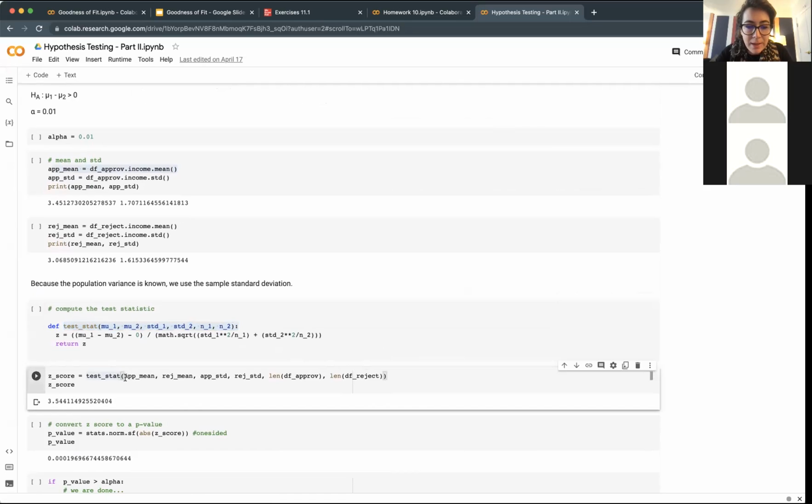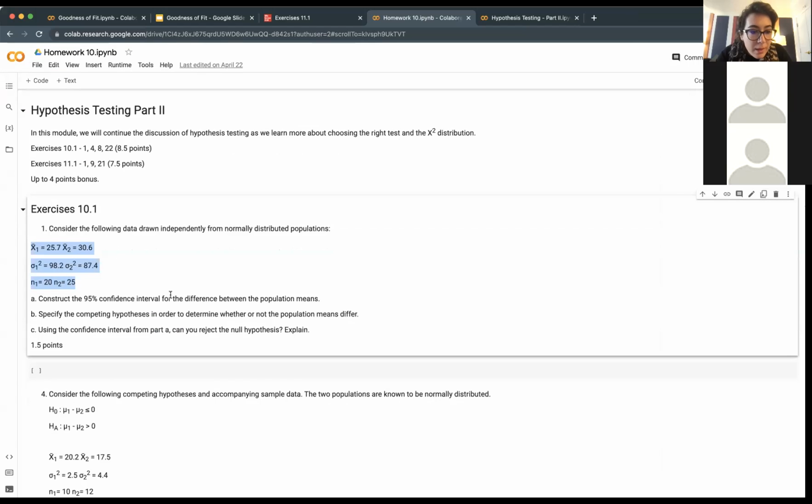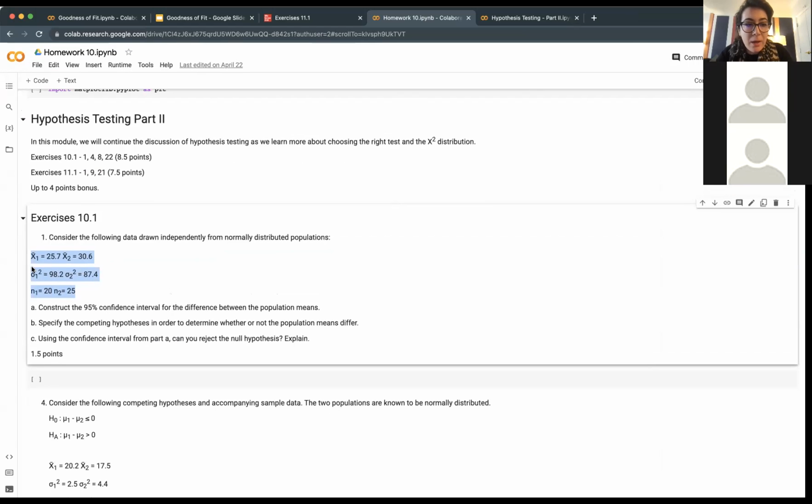So instead of creating the mean and standard deviation for the two separate groups, we'll just need to know from this homework that anything with sub 1 represents, let's say, the average of people who got approved for a credit card, and anything with sub 2 represents the second group. So you would just need to plug and play with those numbers into the formula.